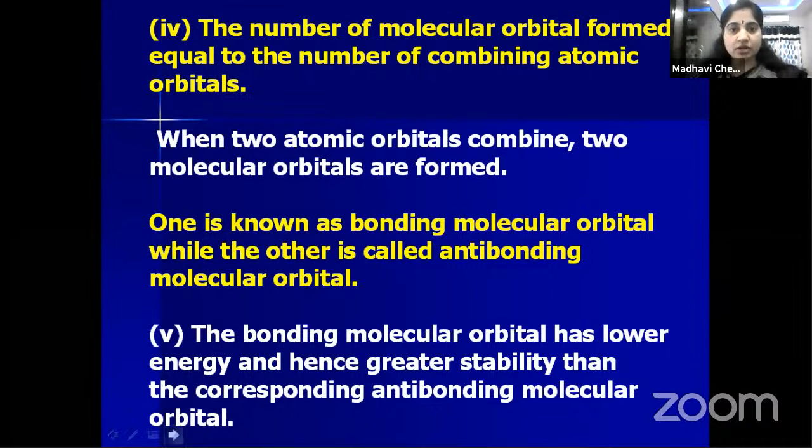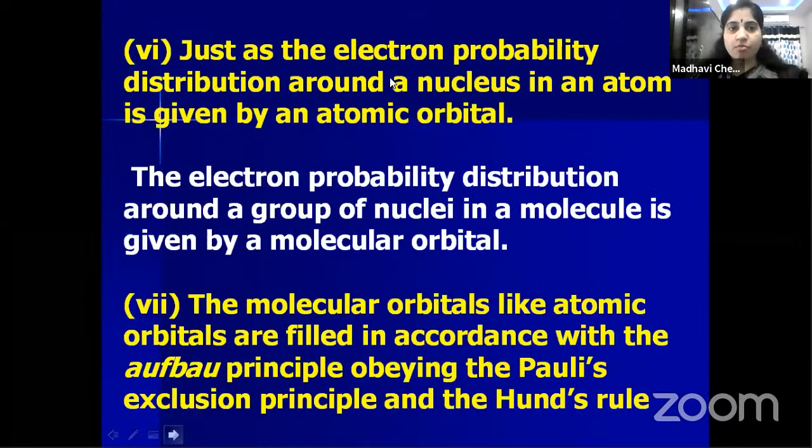You can see here, children. Just as the electron probability distribution around the nucleus in an atom is given by atomic orbital, which we have just discussed, atomic orbital means the probability of finding the electron around the nucleus. Like that only, the probability distribution around a group of nuclei in a molecule is called molecular orbital.